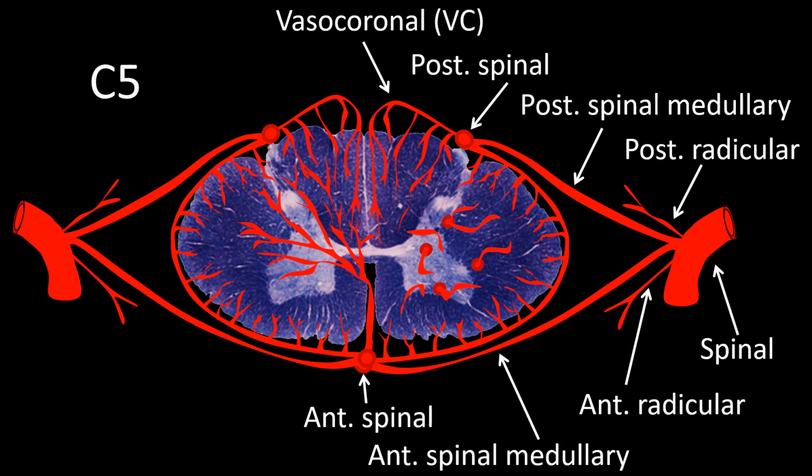You can see now the vasocoronal artery in the back, which is also present in the front. The anterior and posterior vasocoronal arteries encircle the cord, and at times they connect with each other.